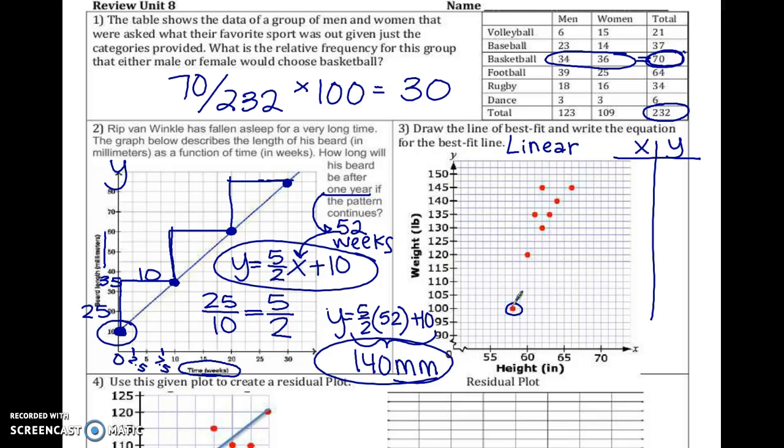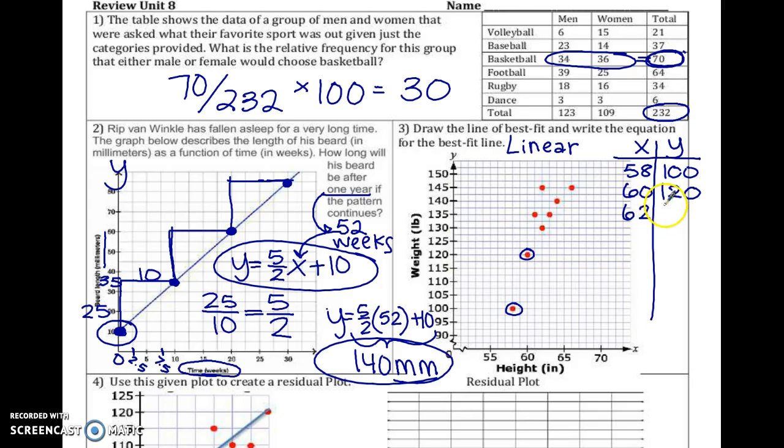So I'm going to start with 58 and 100. And the next point we got 60 and 120 for this one. And I'm just going to keep going and write out the other points that are listed.